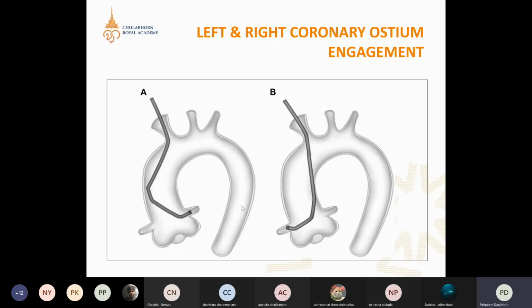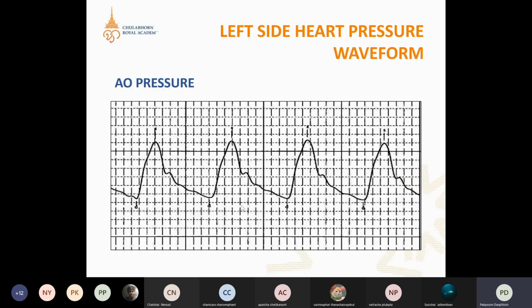While the doctor engages the coronary ostium, you have to monitor seriously, because you must be able to detect pressure changes all the time, and the pressure in the aorta will show you like this. This is the characteristic of the aortic pressure.